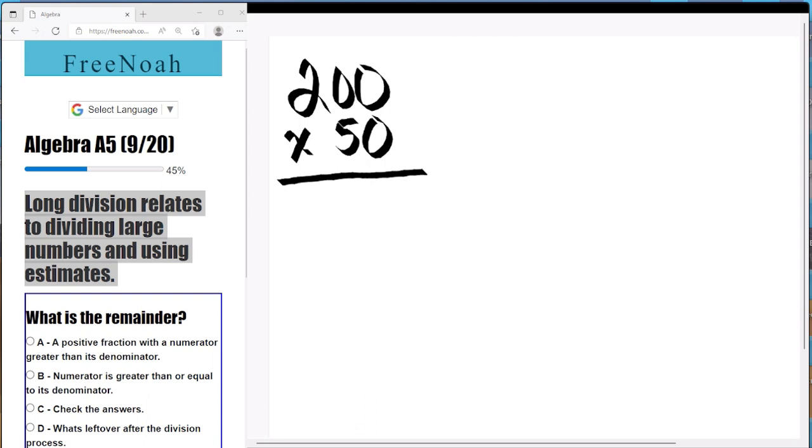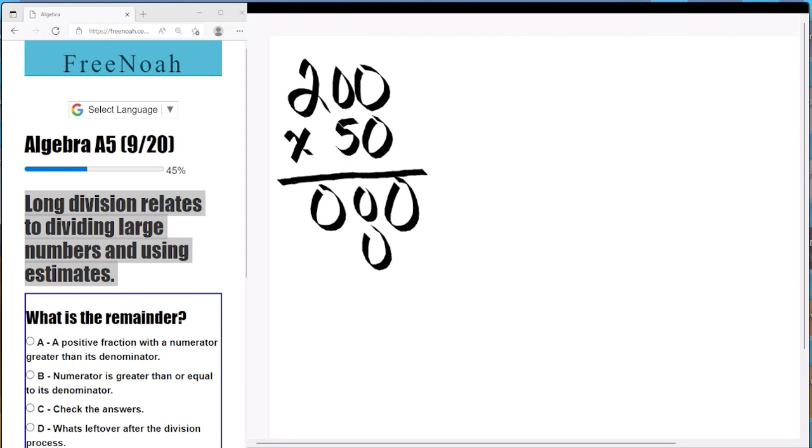Here we go. So 0 times 0 is 0. Now let's say 0 times another 0. Well, that's another 0. All right. How about 2 times 0? Well, that's another 0. Okay.